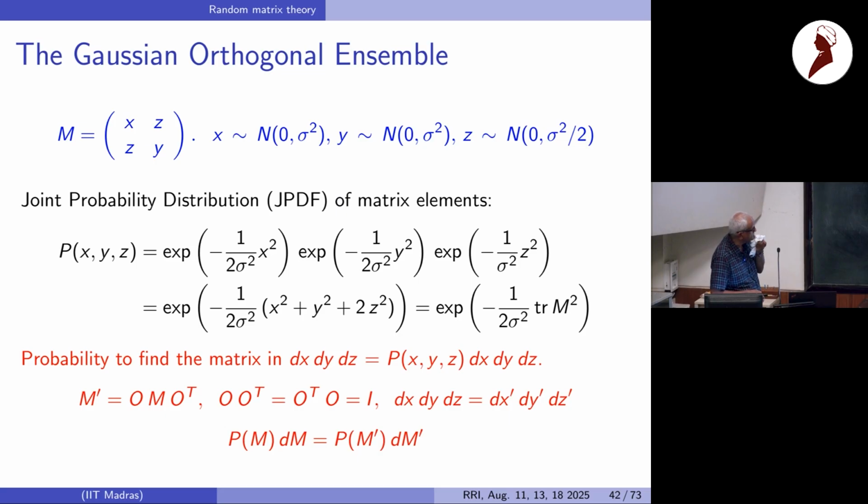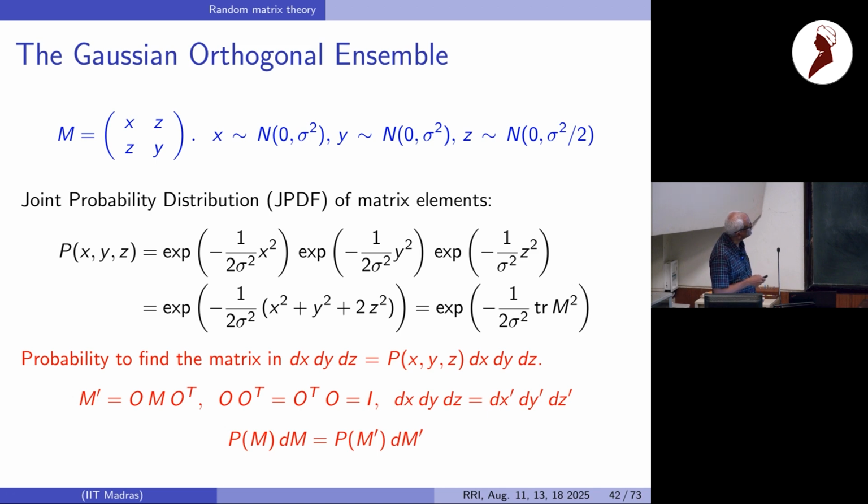And also, because it is trace M squared, P of M is equal to P of M prime. Therefore, whatever basis you may choose, the probability of finding this matrix does not change. So these are invariant under orthogonal transformations, and therefore this is called an orthogonal ensemble.